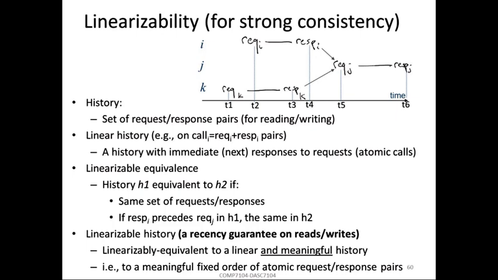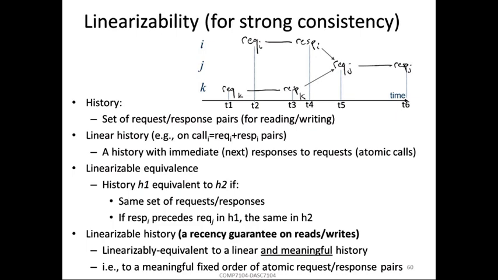Then we define linearizable equivalence between two histories as follows. They involve the same set of requests and responses, so they are about the same actions. And whenever the response I precedes the request J in one history, then the same holds in the other history as well.